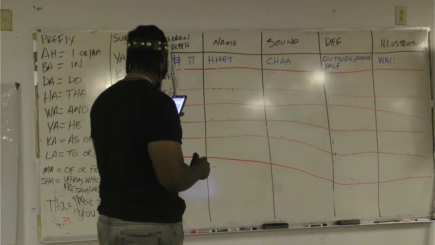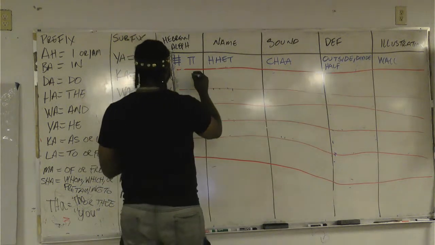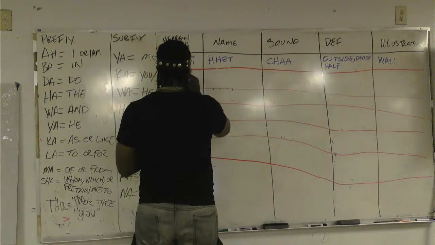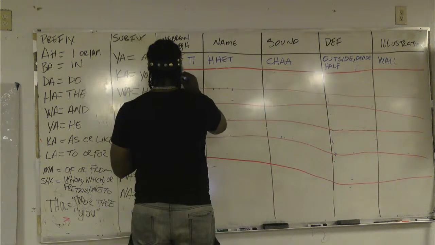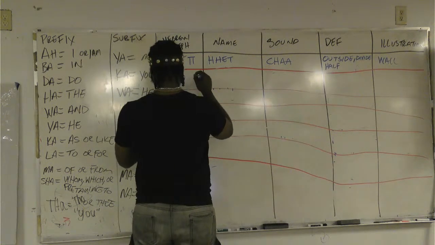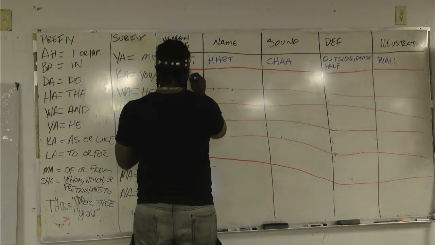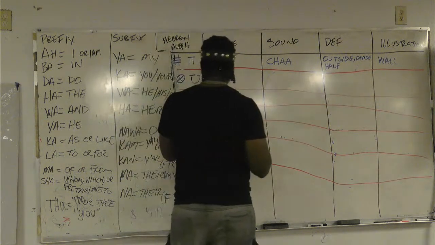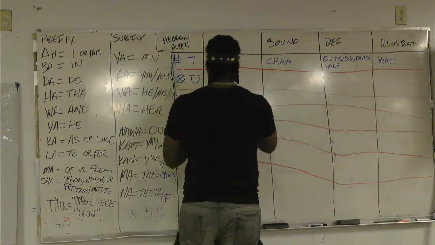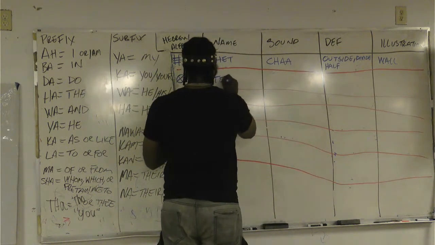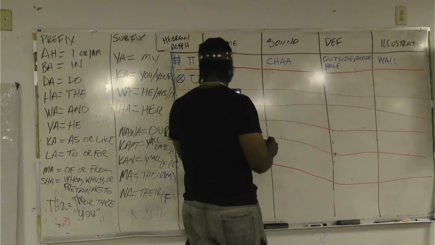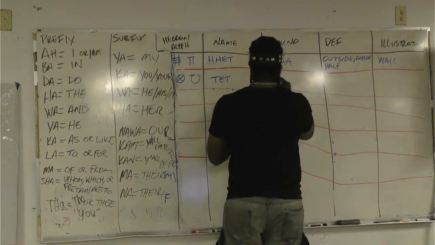All right. Next we have the Tet, or as I like to call it, the X-Men symbol. The name for it is Tet. The sound it makes is "ta."